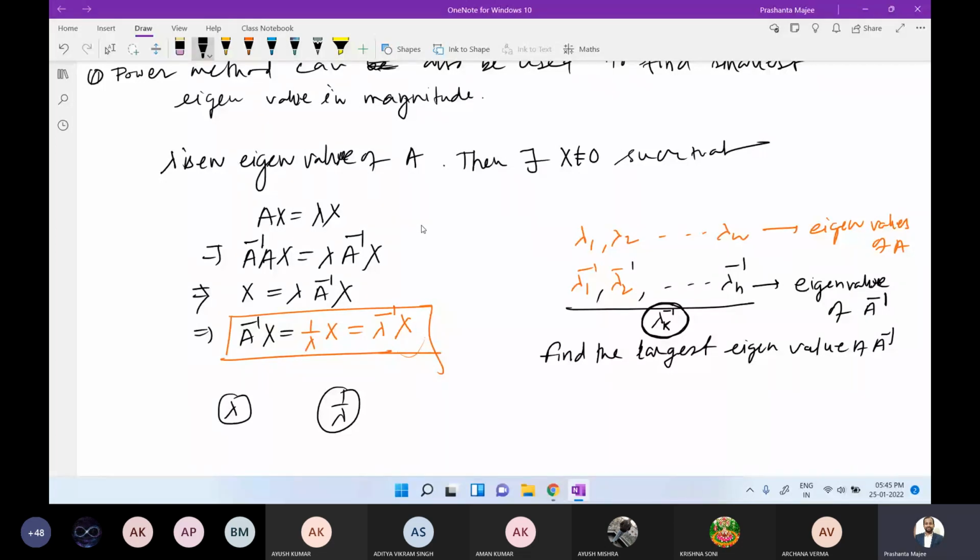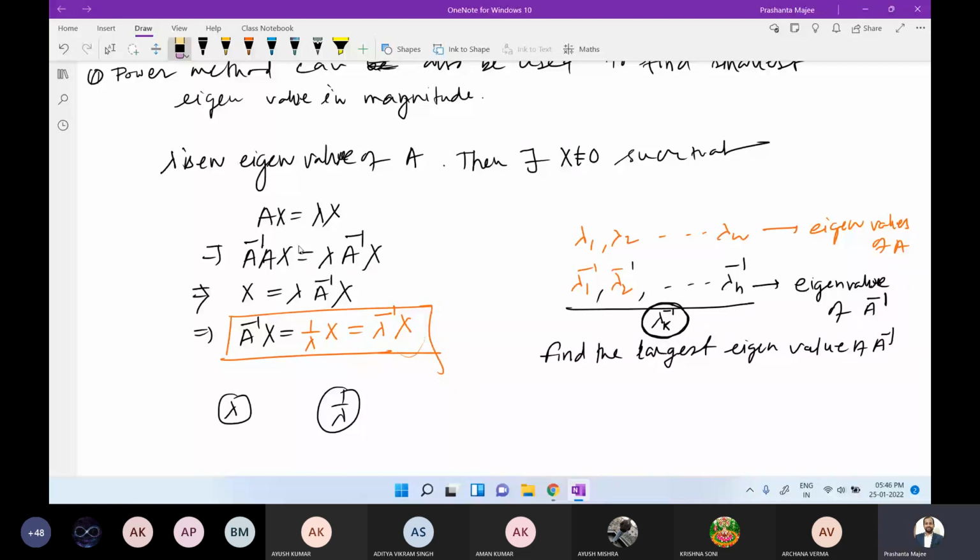Lambda k will be the smallest eigenvalue of A. So this is how the power method can be used to find the smallest eigenvalue also if you want. And the eigenvector is not changing. The eigenvector of lambda inverse will be the same for lambda. You see, they are not changing. So you do not need to find the eigenvector a second time.